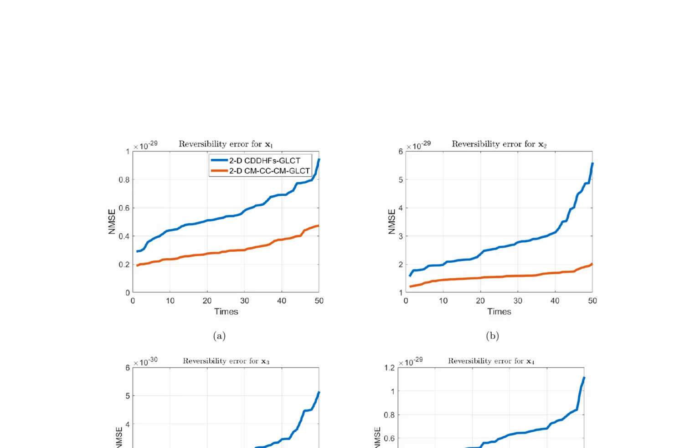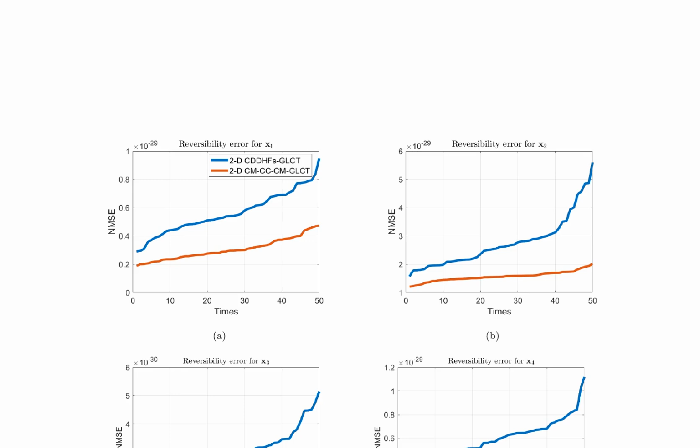This research contributes to the advancement of graph signal processing techniques, offering novel solutions for enhancing the additivity and reversibility properties. The research paper discusses the development of a novel framework for multidimensional graph signal processing, leveraging the graph linear canonical transform, GLCT, and its variants. The authors propose the use of the 2D CDDHFs-GLCT and 2D CM-CC-CM-GLCT, which are extensions of the 1D CDDHFs-GLCT and CM-CC-CM-GLCT, respectively.